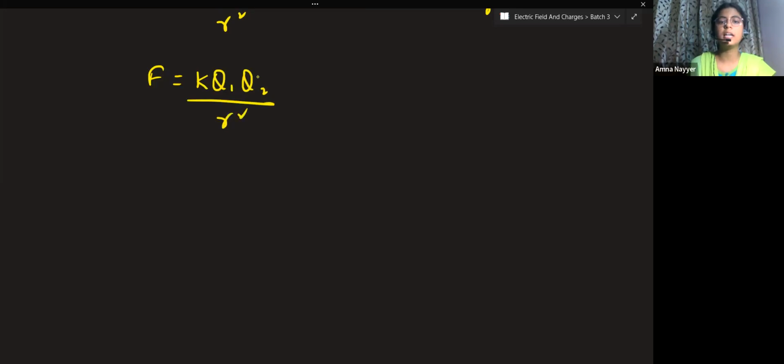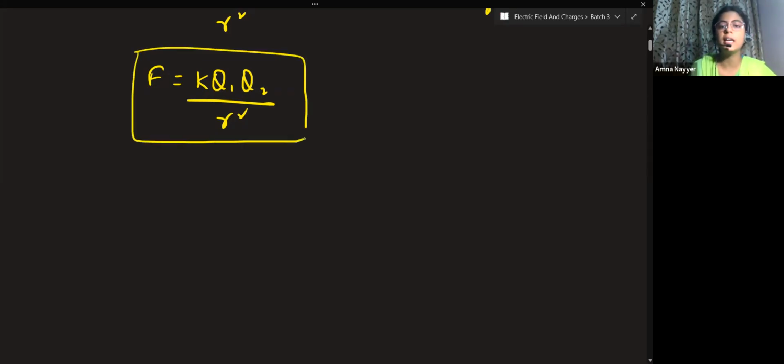This formula, K multiplied by Q1 multiplied by Q2 divided by R square, is known as Coulomb's law.